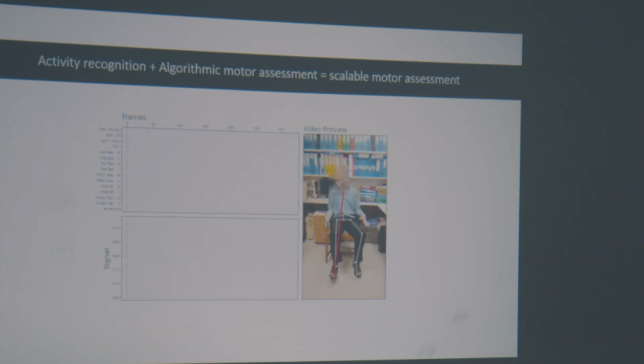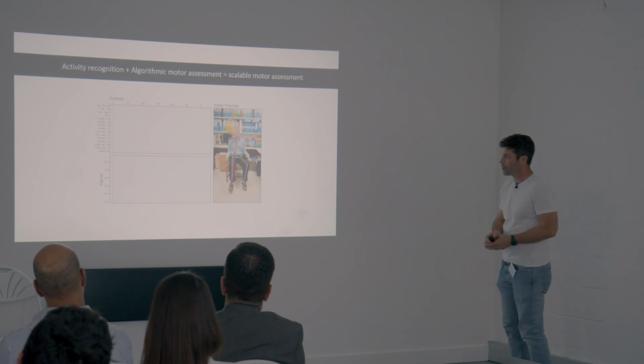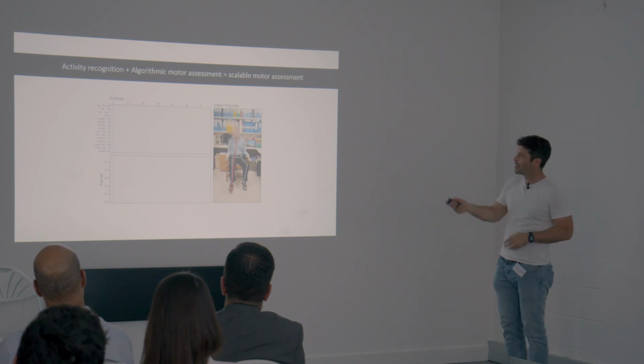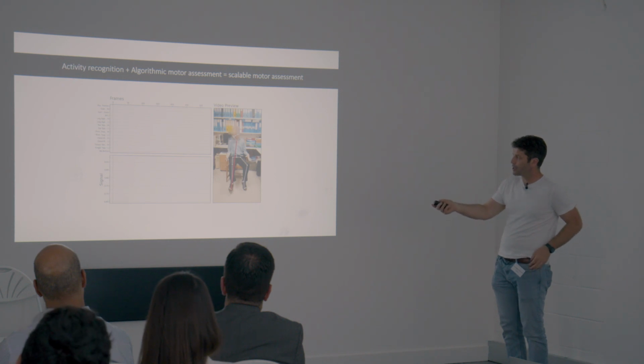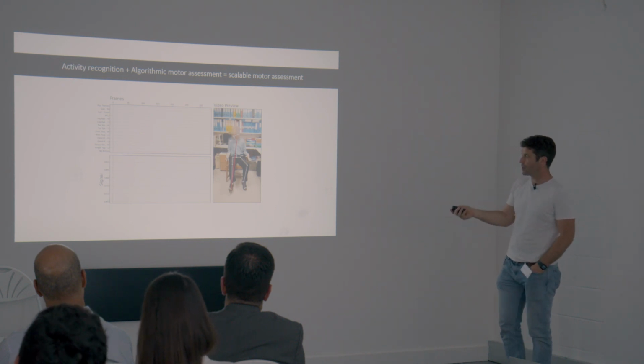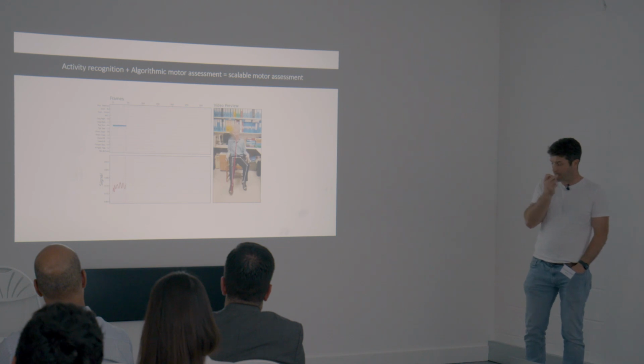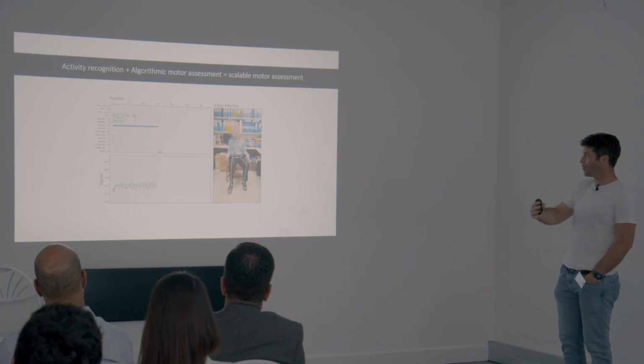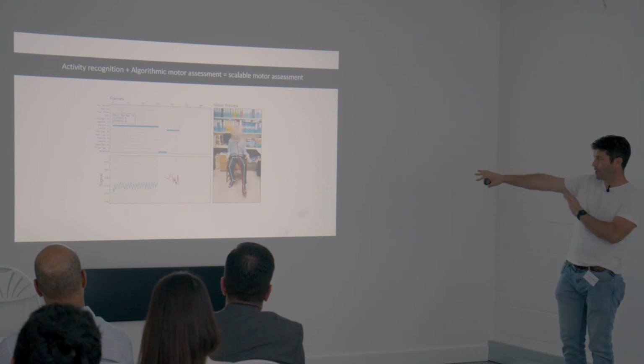And then if we take those two components together, the motor assessment that estimates the disease severity and the activity recognition, we end up with a system which is able to assess a patient in a fully automated way. It's fully automated, of course, though somebody's recording this video.